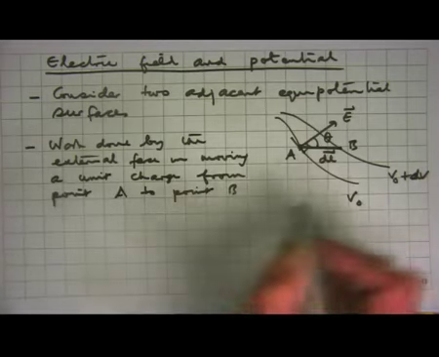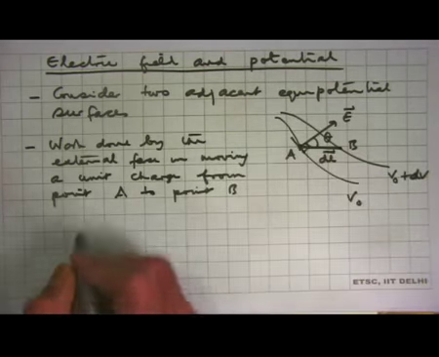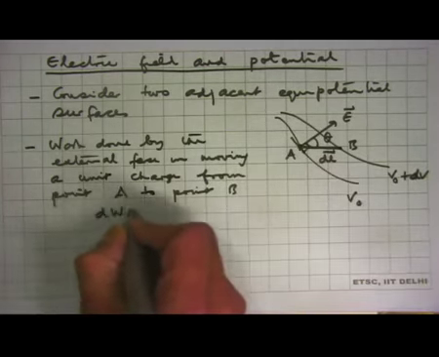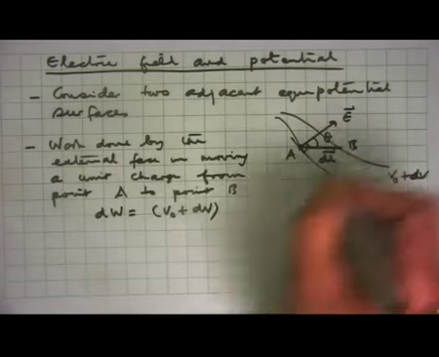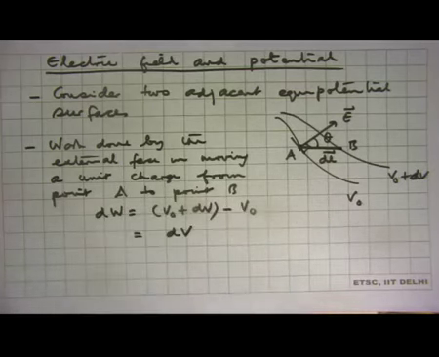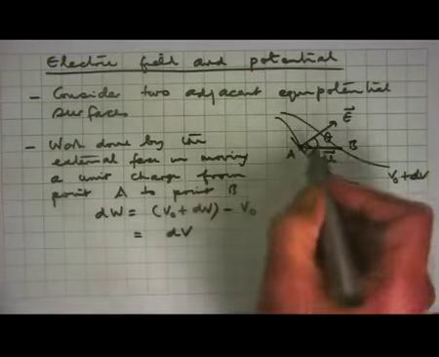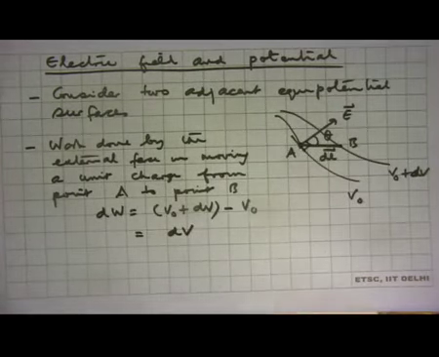Remember these are equipotential surfaces, here the potential is V naught, here the potential is V naught plus dV. So, the work done in moving a charge from A to B is the potential at B minus the potential at A, which is V naught plus dV minus V naught, which is dV.